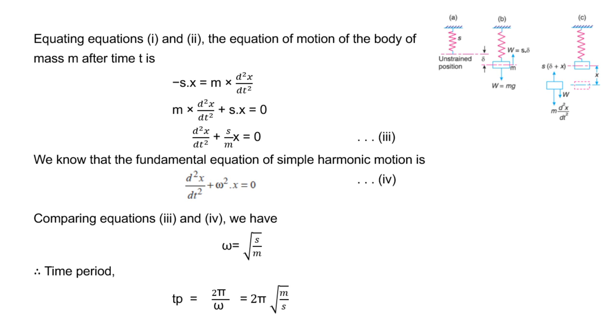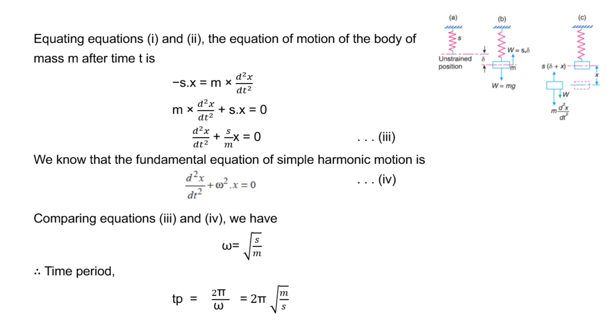Now we know that the fundamental equation of SHM, that is simple harmonic motion, is represented by d2x by dt square plus omega square into x is equal to 0. Whatever third equation we have got by equating restoring force and accelerating force, d2x by dt square plus S by m into x.